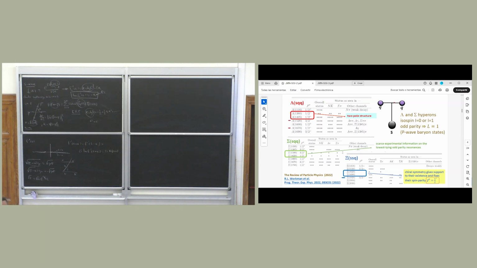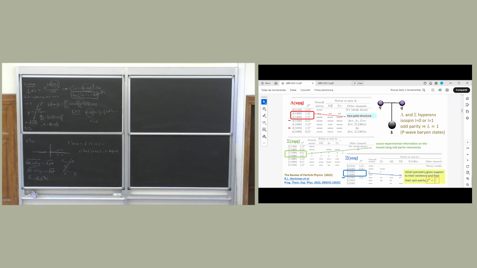If you have the opportunity to look at the PDG editions of something like 20 years ago, you will find only one pole in this energy region, that was called Lambda 1405. But after all the studies that have been carried out by the community after 2000, now in the PDG appear 2 poles.